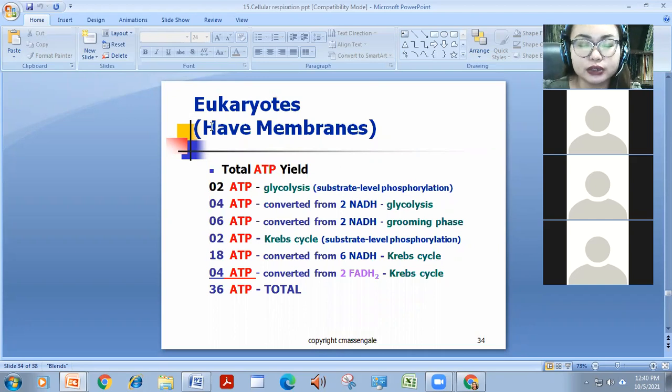So in eukaryotes, the plants or organisms with a nucleus or with membranes, has a total of 36 ATP, from every step, from glycolysis up to Krebs cycle.